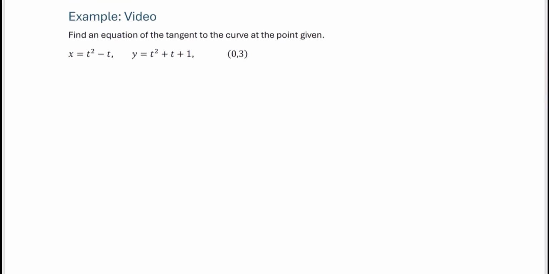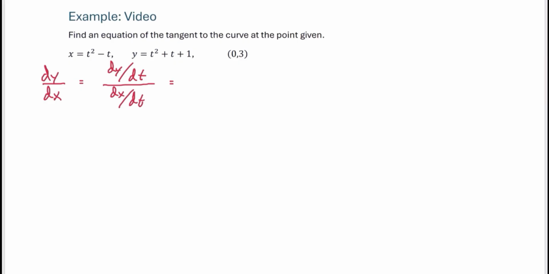So in this example, we want to find an equation of the tangent line to the curve at the given point (0, 3). We'll start by finding the derivative dy/dx. And remember, that is dy/dt divided by dx/dt.